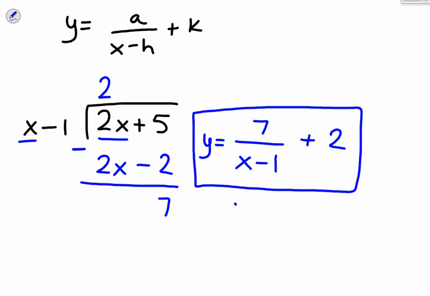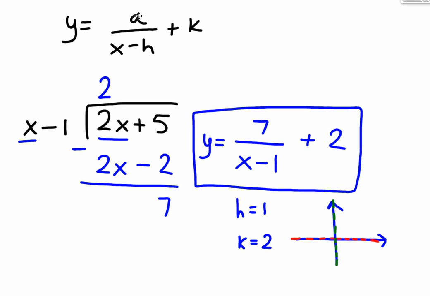That means our h is equal to 1 and our k is equal to 2. Usually, the asymptotes are here and here.